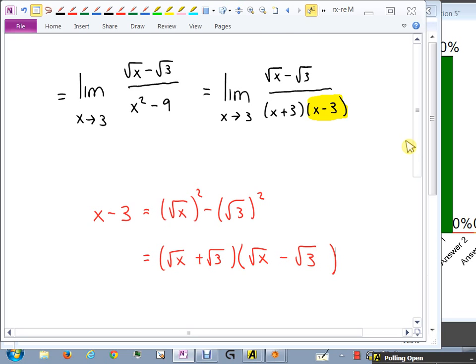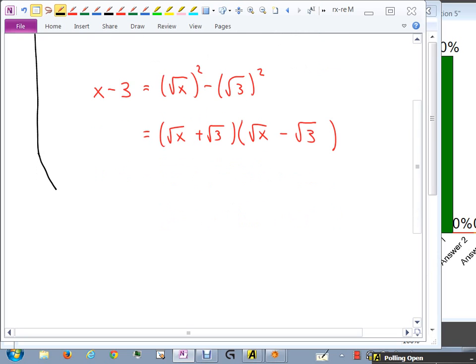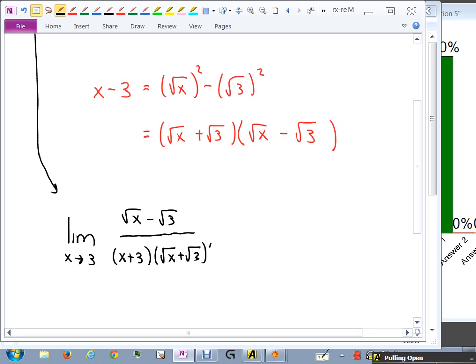So let's rewrite the problem. I'm going to bring this up here, down here now. That red was just my work. So we have the limit as x approaches 3 of root x minus root 3 over, it was x minus 3, but then that thing in yellow turns into root x plus root 3 times root x minus root 3.